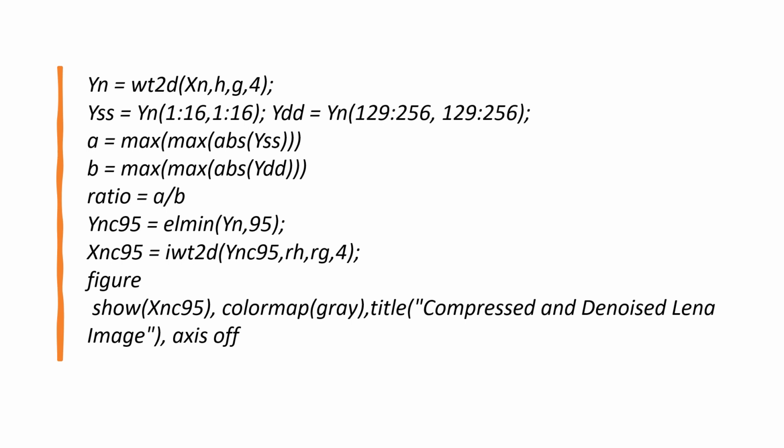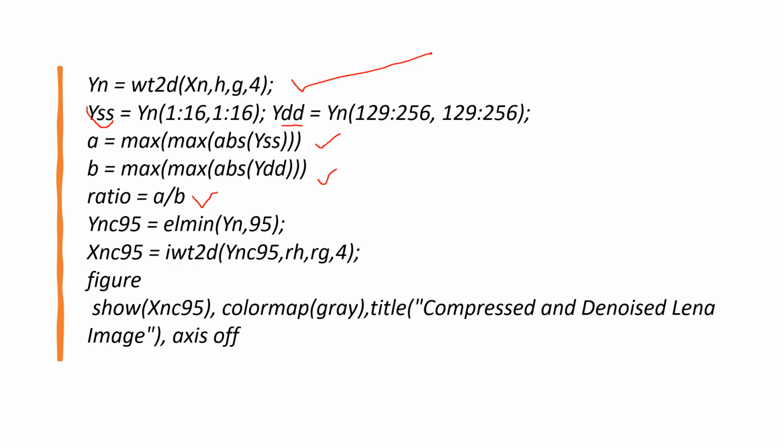So these are the functions. This is the fast discrete wavelet transform. By doing this, we got YSS, and then we got YDD. YDD is the detail block, YSS is the trend block. Then we are going to have the maximum of this trend block, maximum of the detail block. We are going to find the ratio.